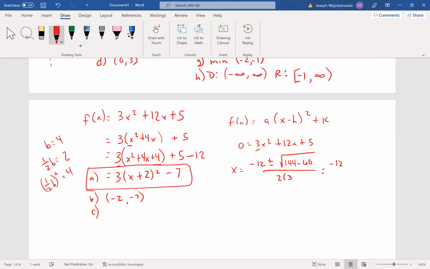So I get negative 12 plus or minus square root of 84 over 6. And at this point, we can just leave it like that. So I'm looking at negative 12 plus or minus square root of 84 over 6 and 0.